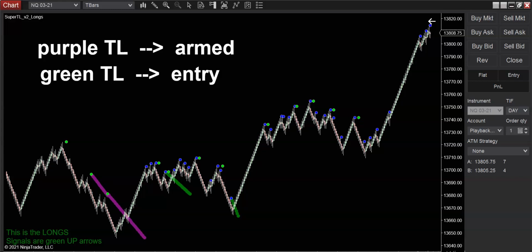Another way to put that is this trend line needs to be broken significantly in order for the decision to be made that the trend has in fact changed.